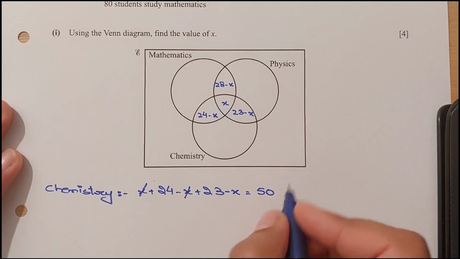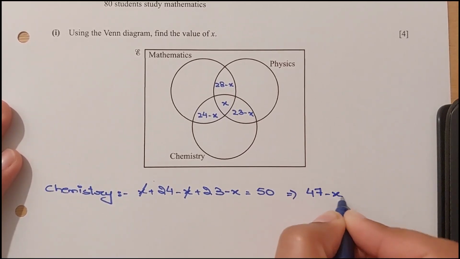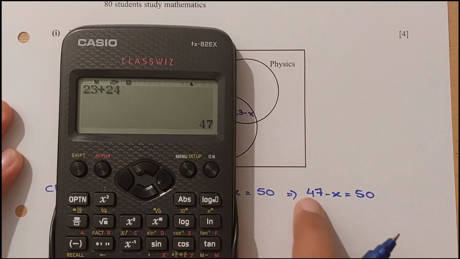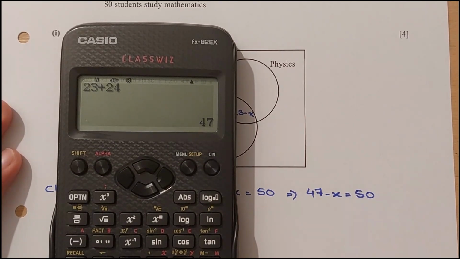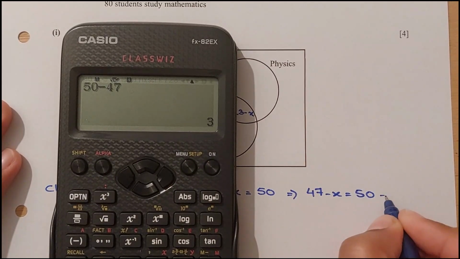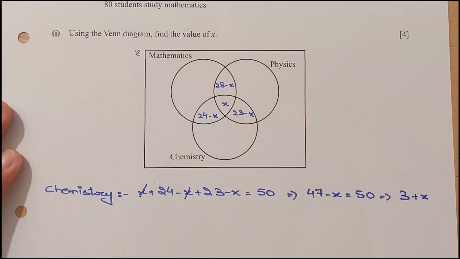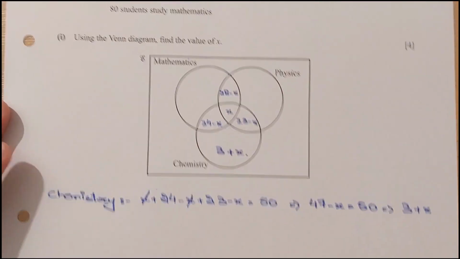So 47 minus X equals 50, or if I shift all the terms to this side, 50 subtract 47 gives 3 plus X. In chemistry this is 3 plus X.